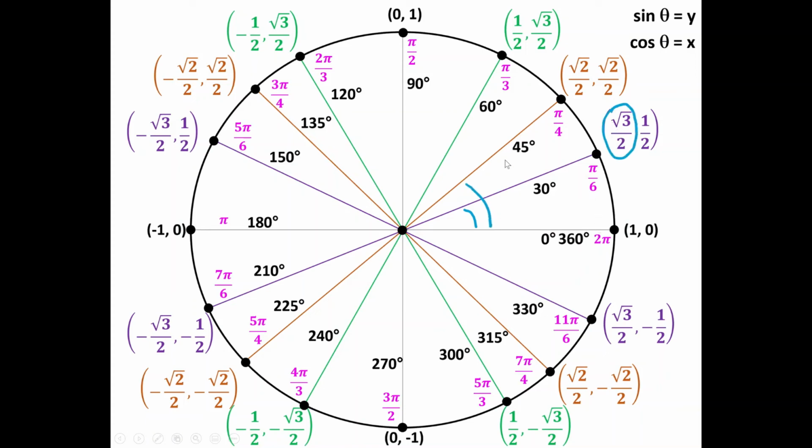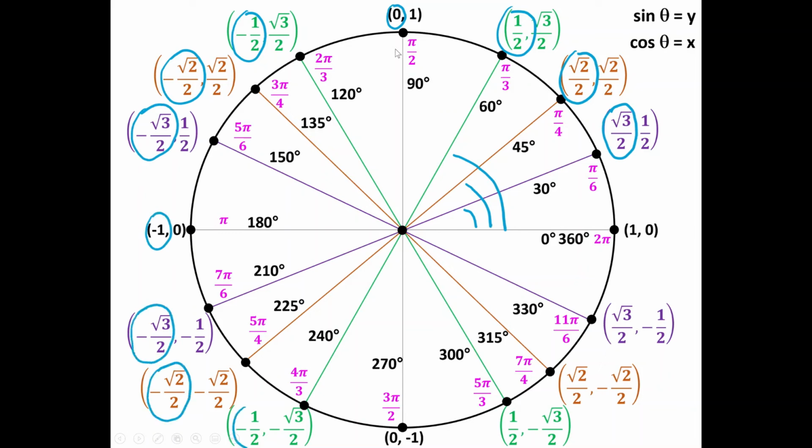Cosine of 45 degrees is going to be the square root of 2 over 2. Cosine of 60 degrees is 1/2. So the sine theta is the value of y, and when we're looking at the coordinates, the cosine theta is the value of x. Cosine of 90 is 0. Cosine of 120, here we go, and it's all the x values. These are our cosine values, right? Our trig functions of these general angles that are included on this unit circle.